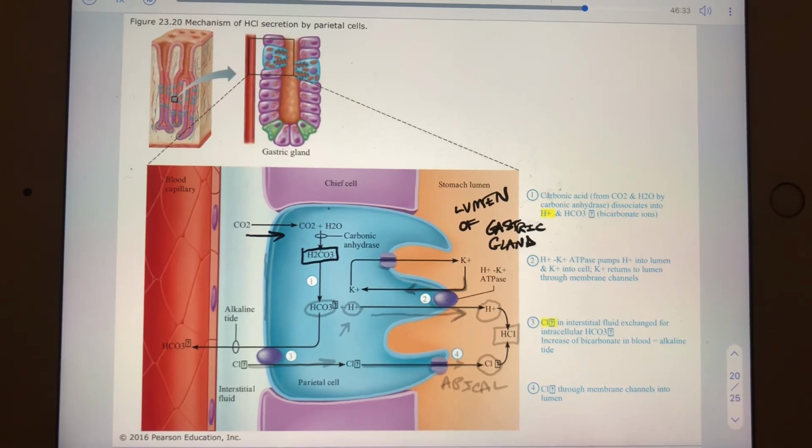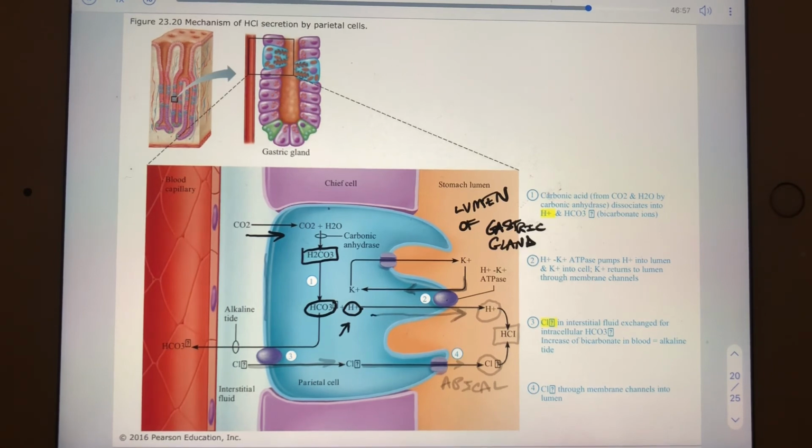Carbonic acid, as you already know, is unstable and will dissociate into bicarbonate and hydrogen ions. And this time around, rather than being concerned about transporting bicarbonate, our aim was to isolate these hydrogen ions, okay?